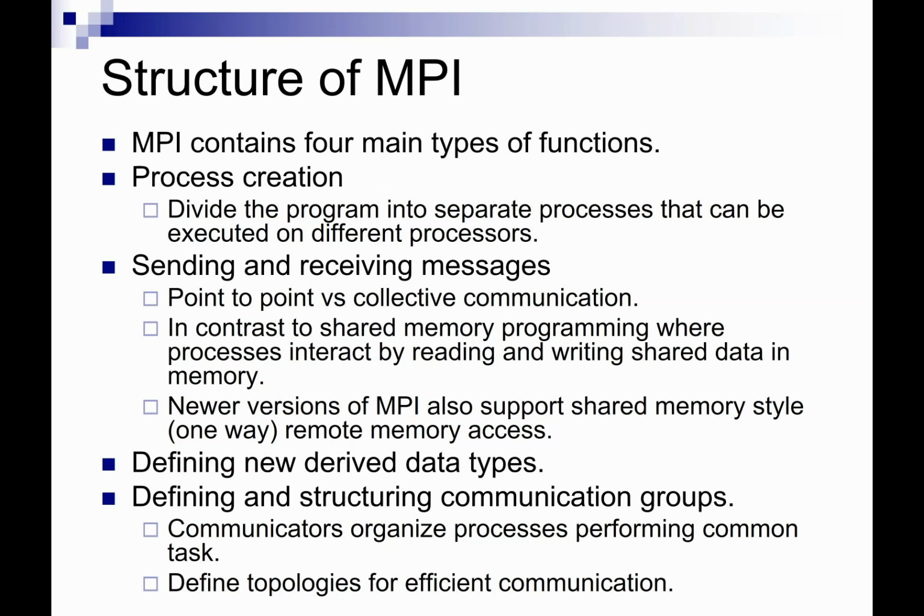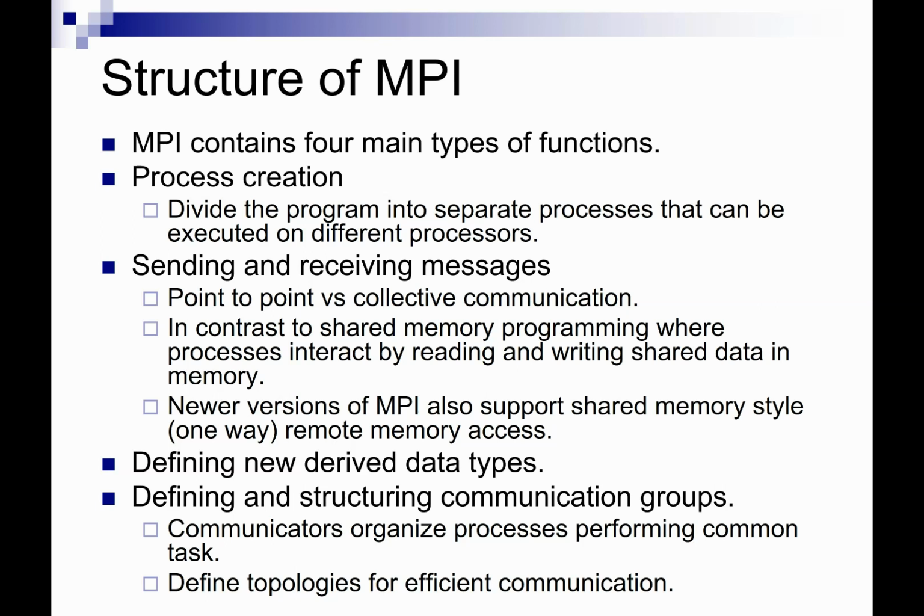There are functions in MPI to create these different communication groups and to structure them in some way. There are also ways for you to specify a topology on this group. For example, you might say that a group of processes have a mesh type topology. Once you specify this topology, MPI can do some optimizations in terms of its communication.